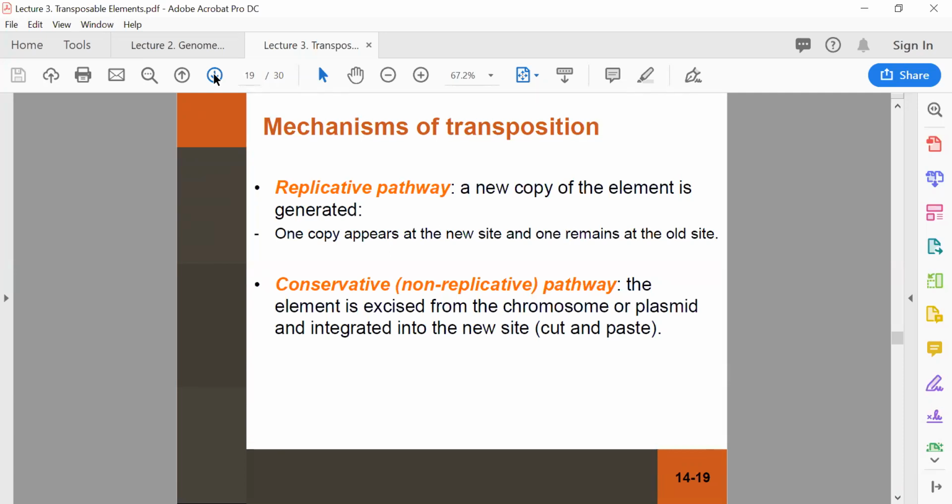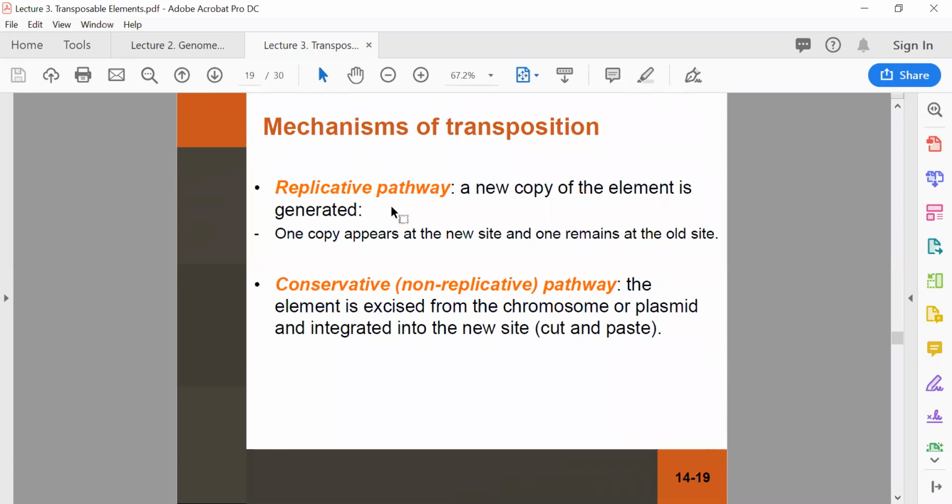All right, so how do transposable elements move? In other words, what are the mechanisms of transposition? We've already seen that movement depends on the action of a transposase enzyme, which plays a role in both the excision of the transposon and insertion into a new location. Most of the transposable elements in both prokaryotes and eukaryotes employ one of two mechanisms of transposition: the replicative pathway and the conservative pathway.